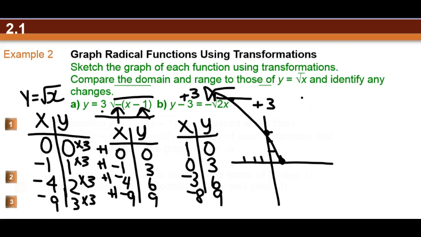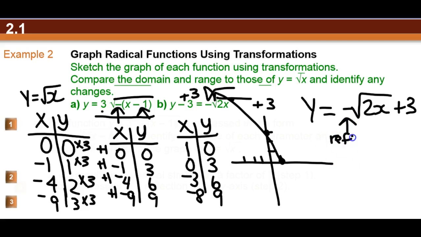Okay, so I'm not going to do the full second example here because it's all exactly the same. So all we need to know is we have a reflection on the x, and so that would change our y's all to negatives. This is a horizontal stretch of how much though?